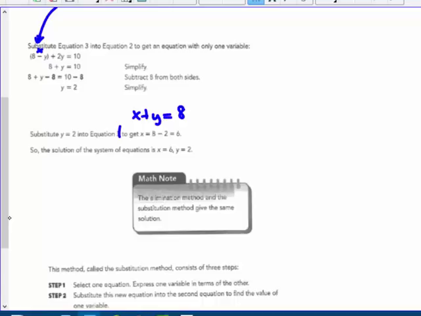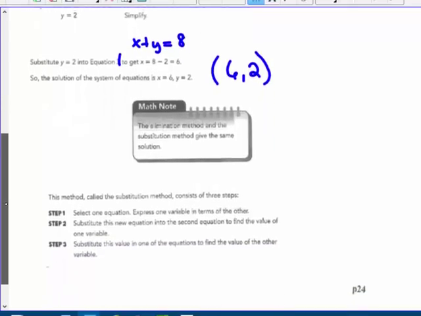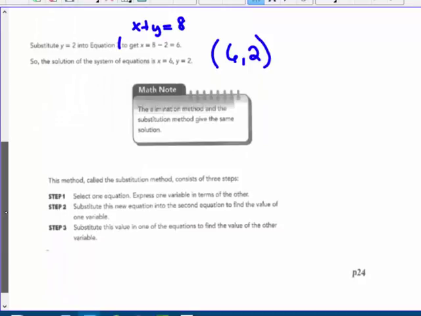So I know that if y is 2, well, then x has to be 6. So my solution is 6, 2. The elimination method and the substitution method will, of course, give you the same result. The system of equations is going to have one unique solution, if it has one unique solution.